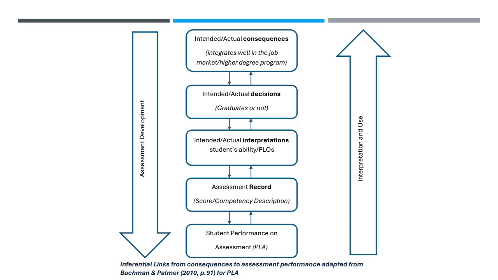We start by asking: what are the consequences that we want to achieve? What decisions need to be made? If our students get a good mark in our assessments, what does it show? What should my records or results be? Are they going to be in the form of scores or competency descriptions?